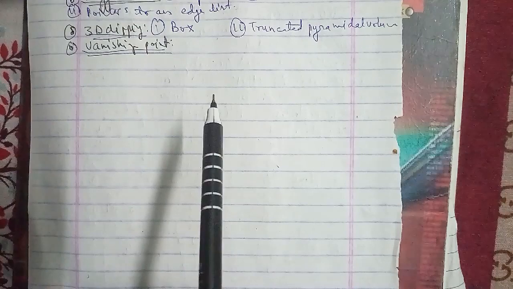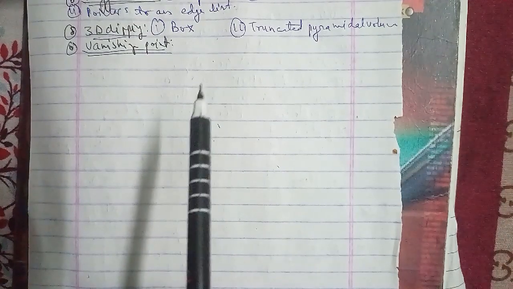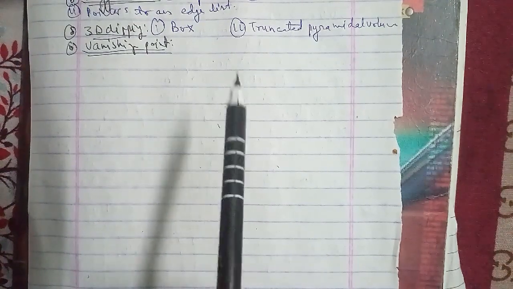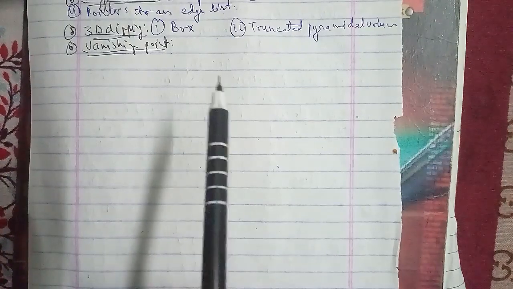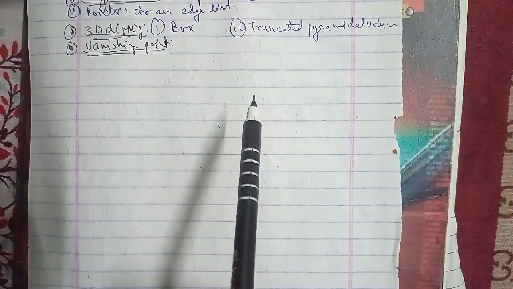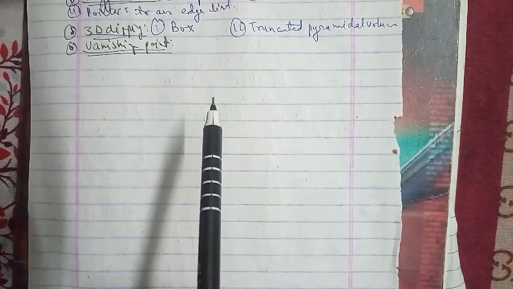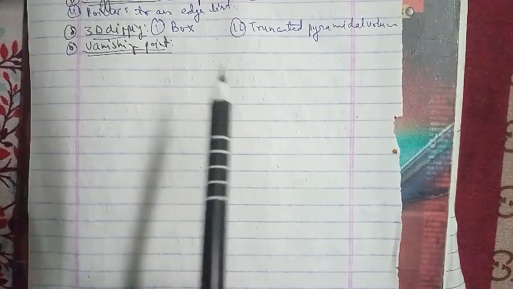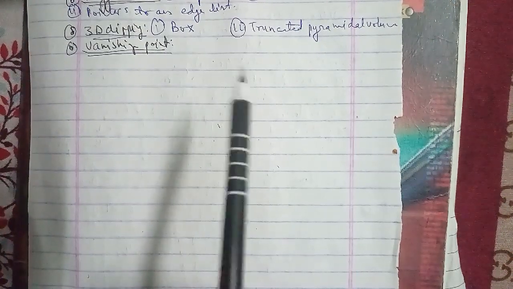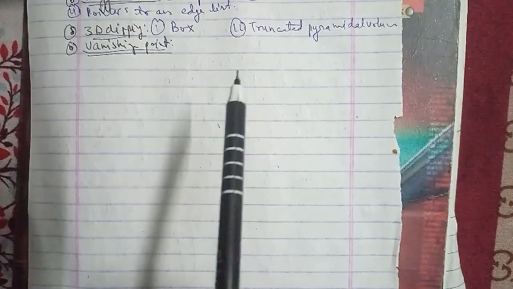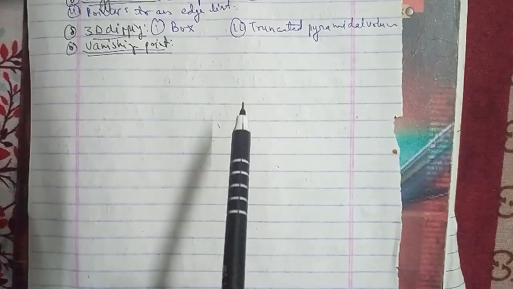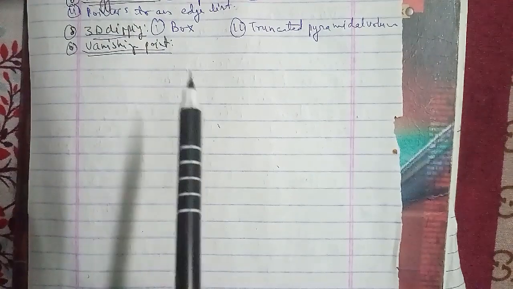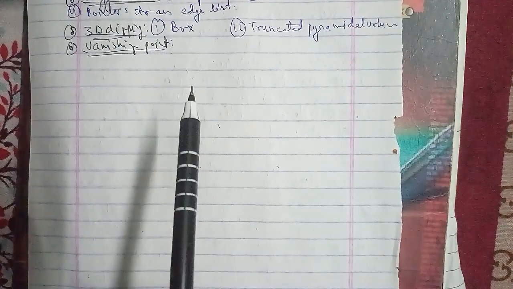The other question is: isometric, dimetric and trimetric are the subcategories of dash projection. The answer is that isometric, dimetric and trimetric are the subcategories of orthographic projection. The other question is: the perspective projection is characterized by the center of projection and the dash.